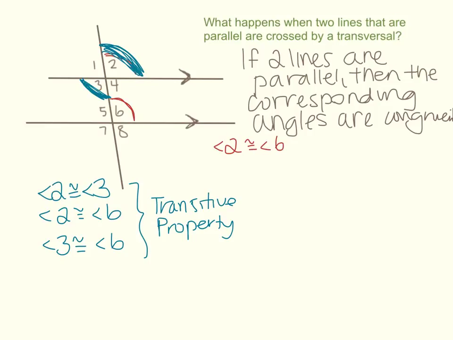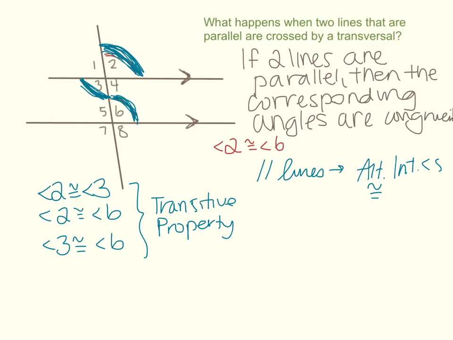Okay, so that says that angle 2 and 3 are congruent, right? And angle 2 and angle 6 are congruent, so automatically we should see that angle 3 and angle 6 are congruent. Okay, so that also means that if we have parallel lines, that alternate interior angles are congruent.